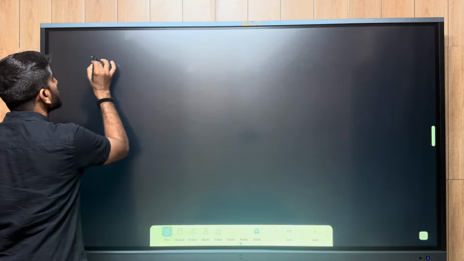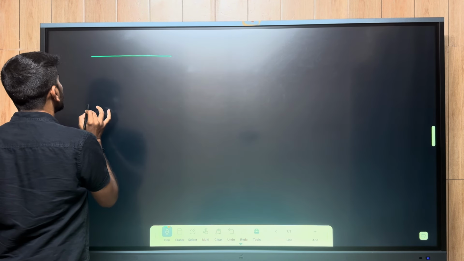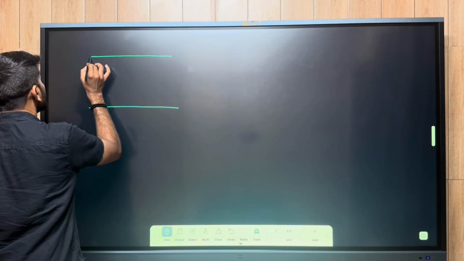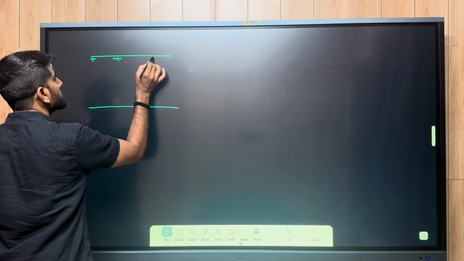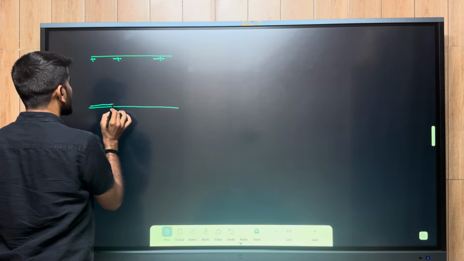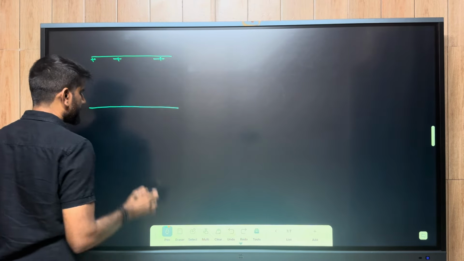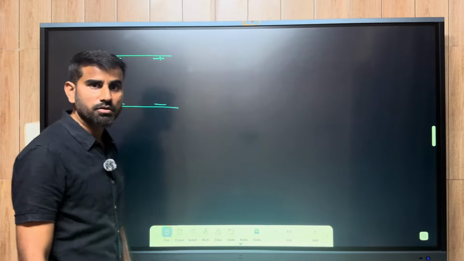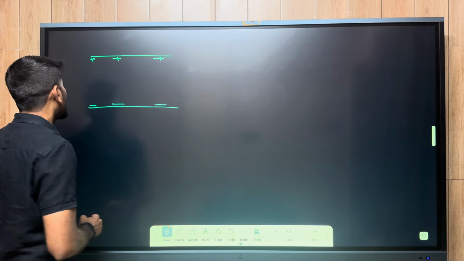Now let's take two parallel plates. One plate is positively charged. The other plate is negatively charged. Okay till now?